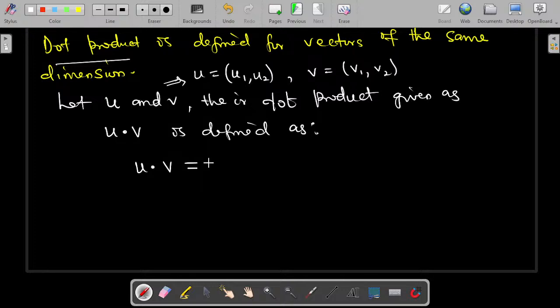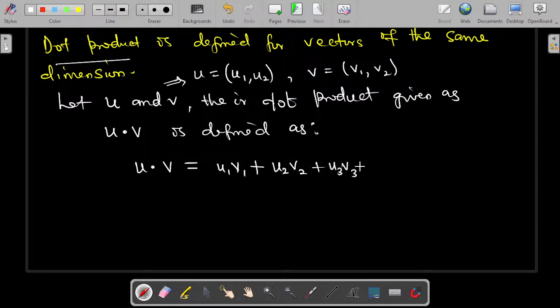Now your dot product is going to be equal to the first component of u multiplied by the first component of v, and then the second component multiplied by the second component, and you add them. So u2 multiplies v2. If they have a third component, you multiply them.